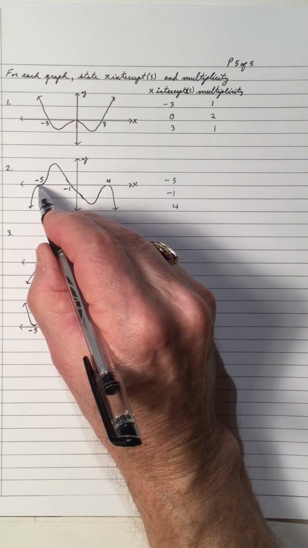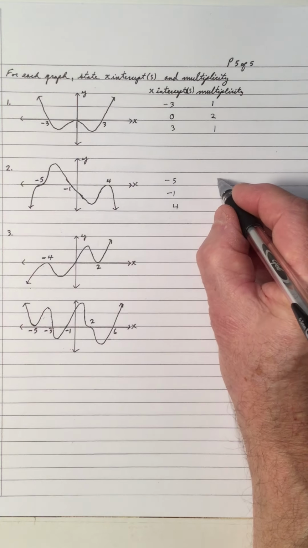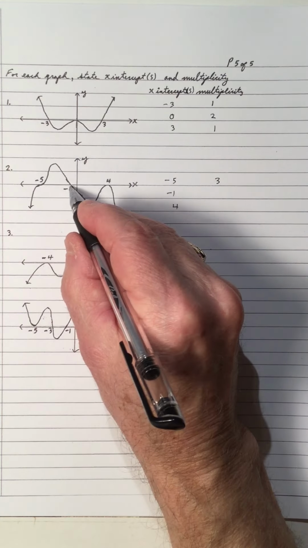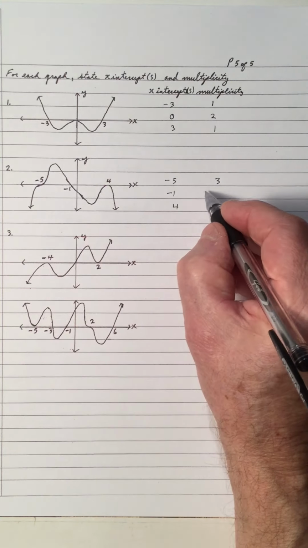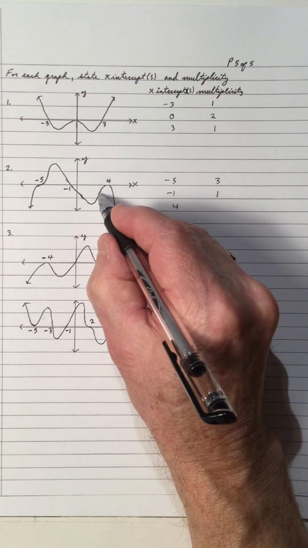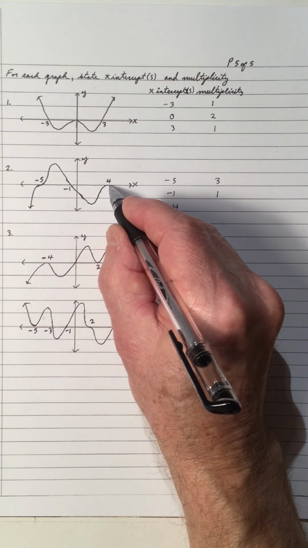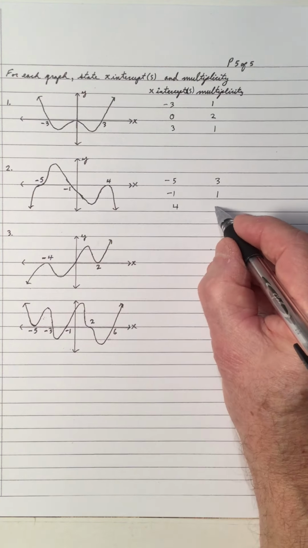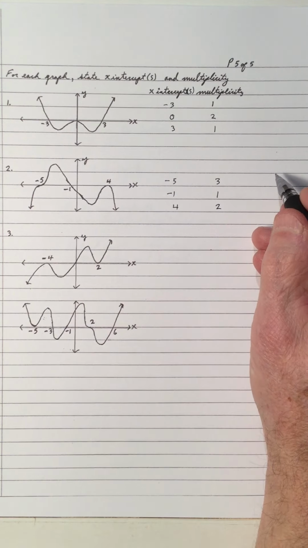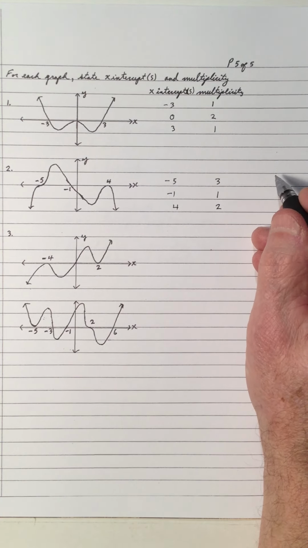Notice at -5 is a sideways s, so that's a multiplicity of 3. And at -1 is moving on through, so it's a line, it's linear. And at 4, it's tangent, it's bouncing off the 4. It's a parabola, so it's a square, multiplicity of 2.